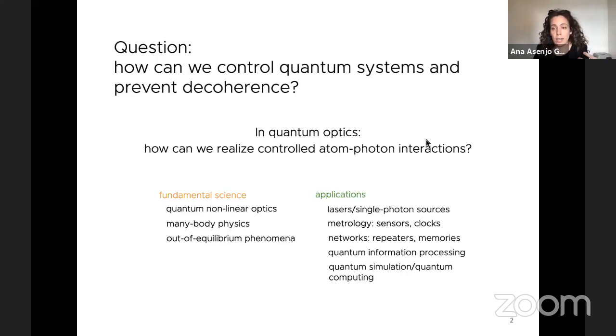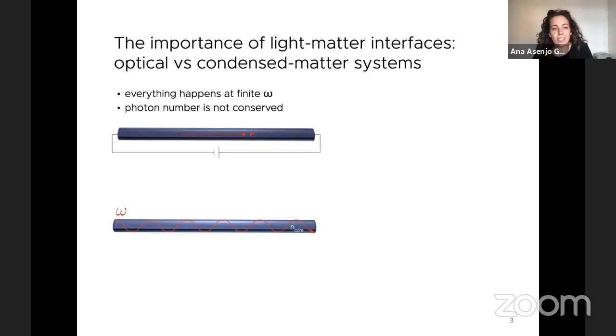It's also crucial for understanding out-of-equilibrium phenomena. And of course, it is crucial for many applications: if we want to develop efficient quantum information processing tools, or quantum networks, want to measure better, or realize quantum simulation or even quantum computing, these controlled atom-photon interactions are a key element.